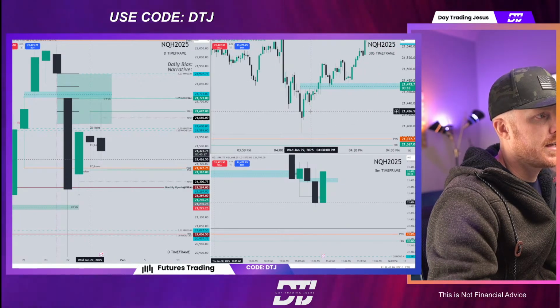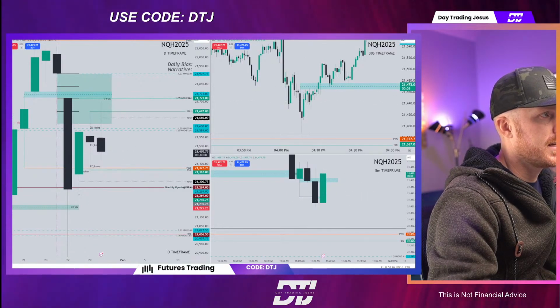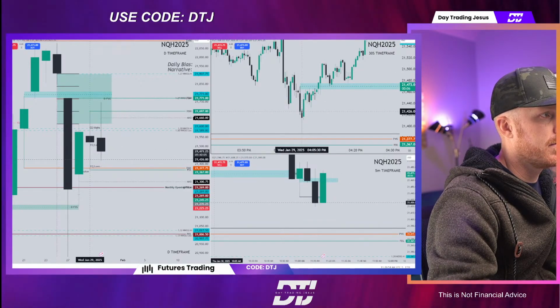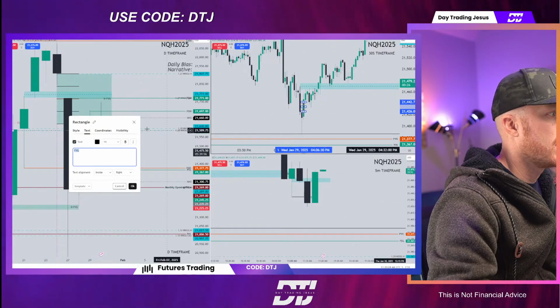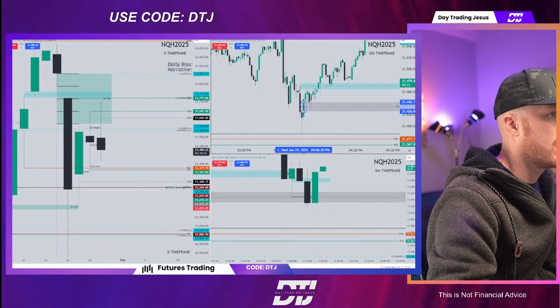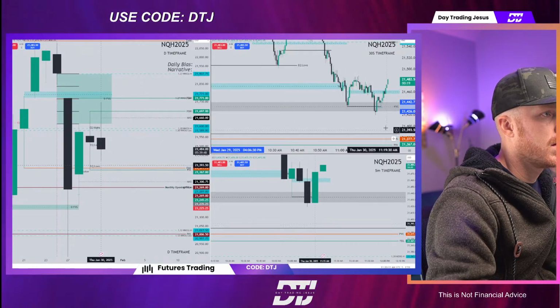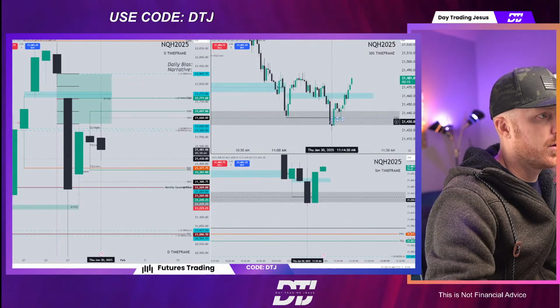We got a 30-second level here, and we did fill that. So this is technically the last fair value gap we have. That's the fair value gap that we filled on the 30-second.